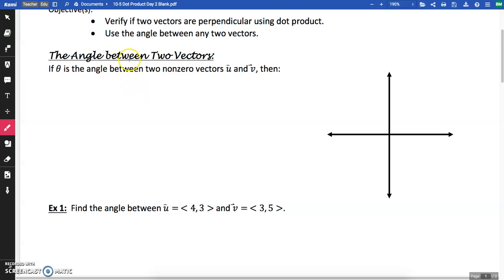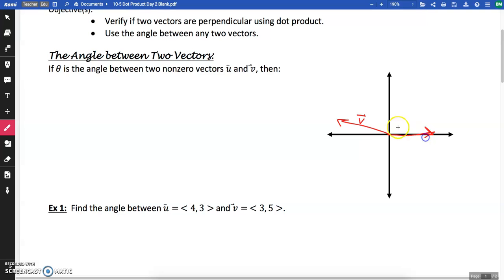So it says the angle between two vectors. If theta is the angle between two non-zero vectors, so that just means vectors that actually have a length, u and v. So let's draw that before we do the formula. Let's say, just for example, here's vector v, and I'll make vector u go like that.